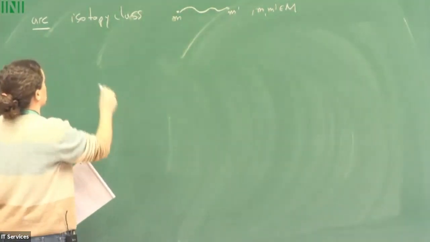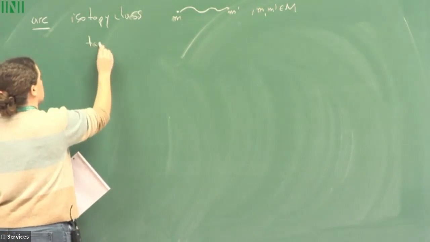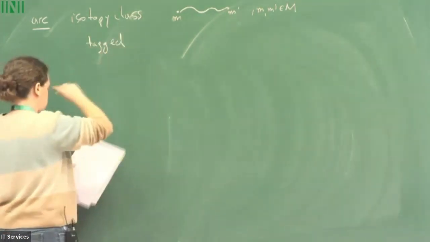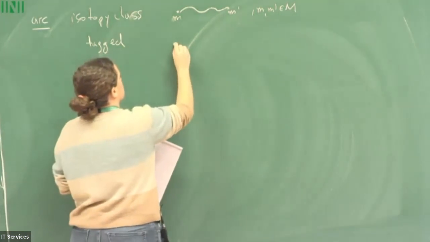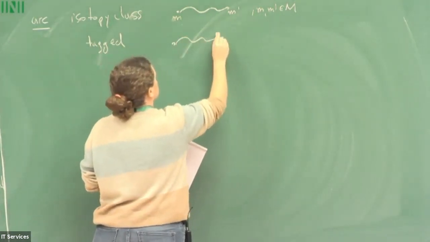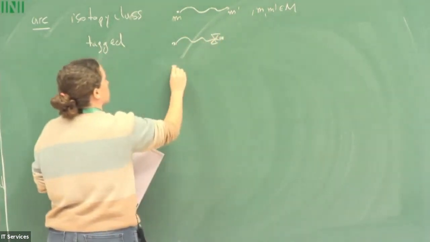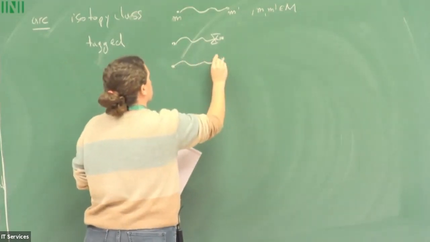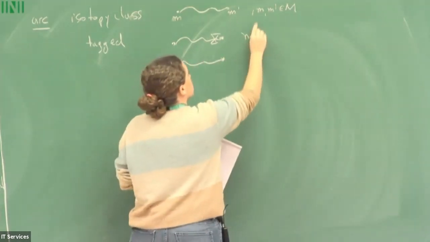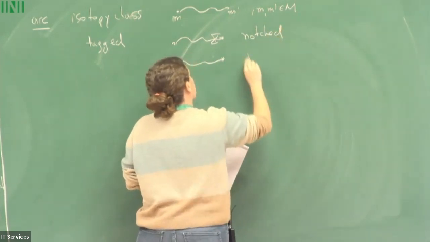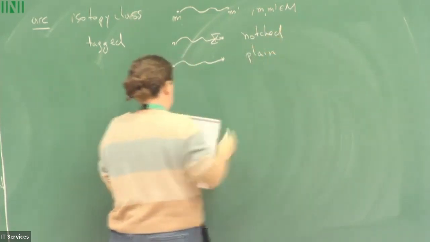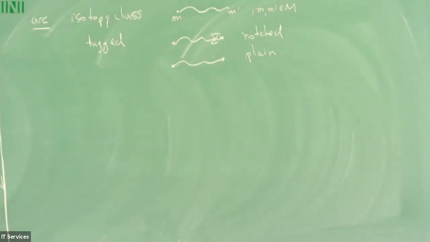These arcs can have a tag. It can be plain or not.